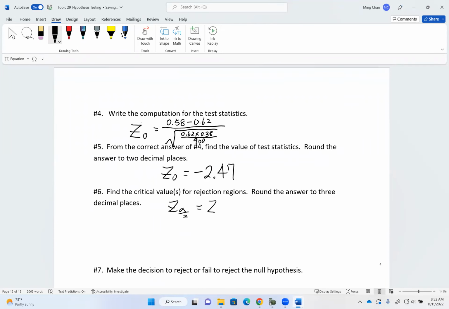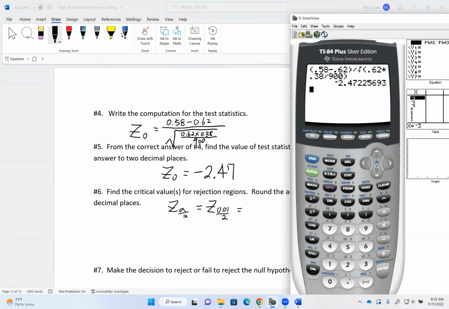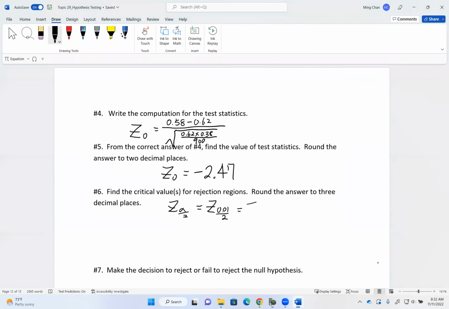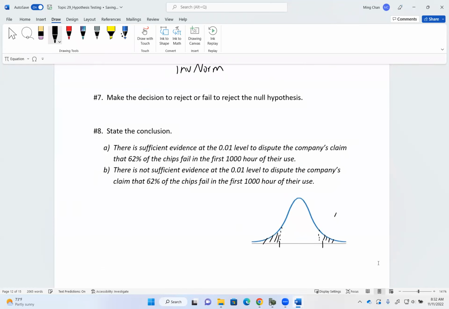So Z sub alpha over 2 will be 0.01 divided by 2, so it'll be 0.005. So inverse norm. All right, so this is negative Z 0.005. This is positive. One is negative, one is positive, because it's a two-tailed test.